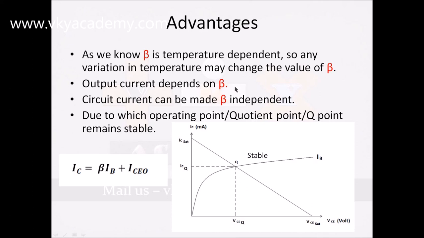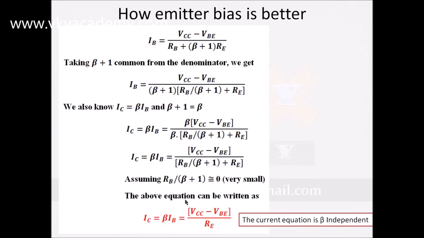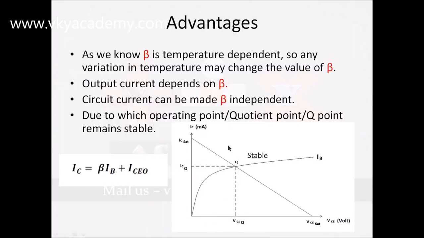Now output current depends on beta, because IC is equal to beta times IB plus ICEO, and circuit current can be made beta independent by the use of emitter bias configuration, or by keeping RB by (beta plus 1) nearly equal to 0. Due to which the operating point, or Q point, remains stable.